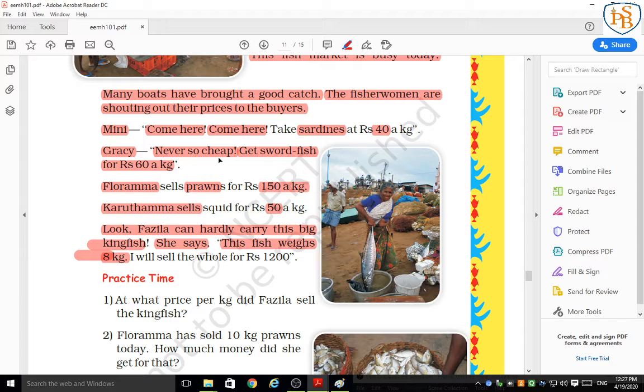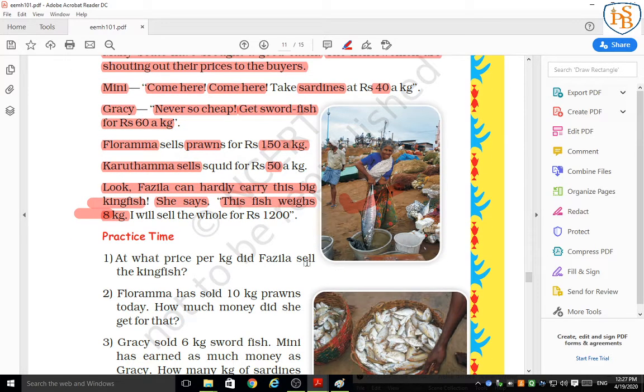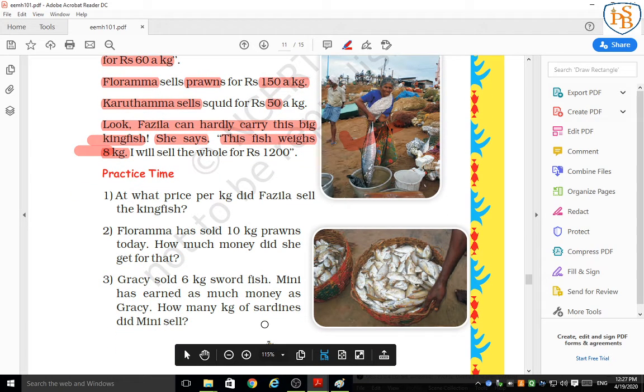All are selling fish of 1 kg only, but here Fazila can hardly carry this big fish. You can see the weight of that big fish is 8 kg and she will sell the whole in rupees 1200.